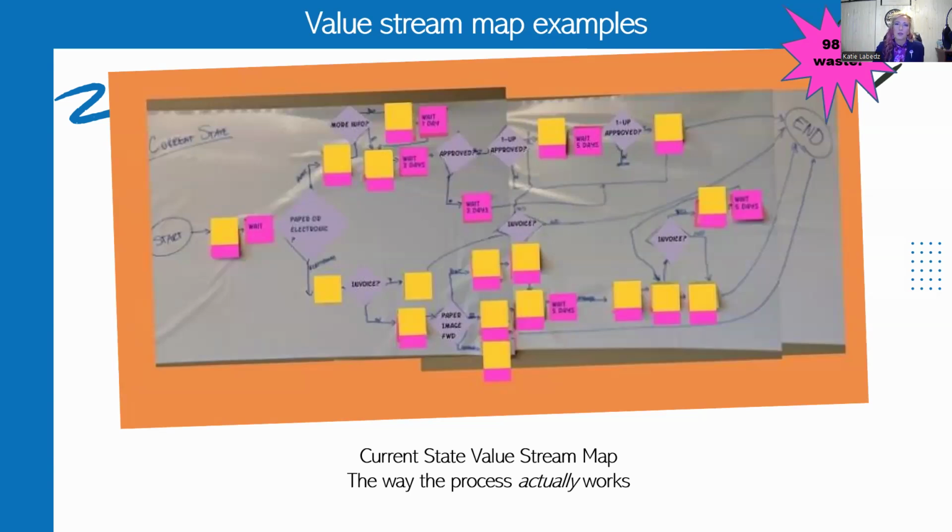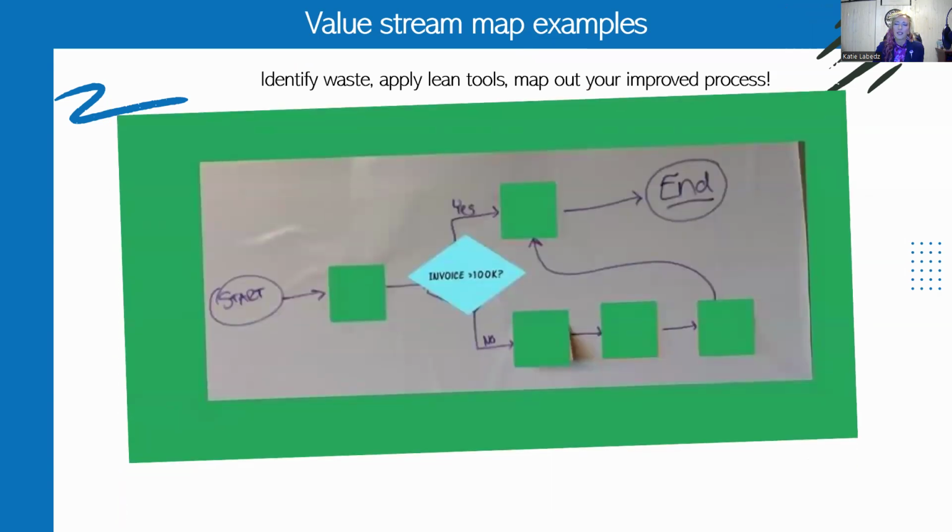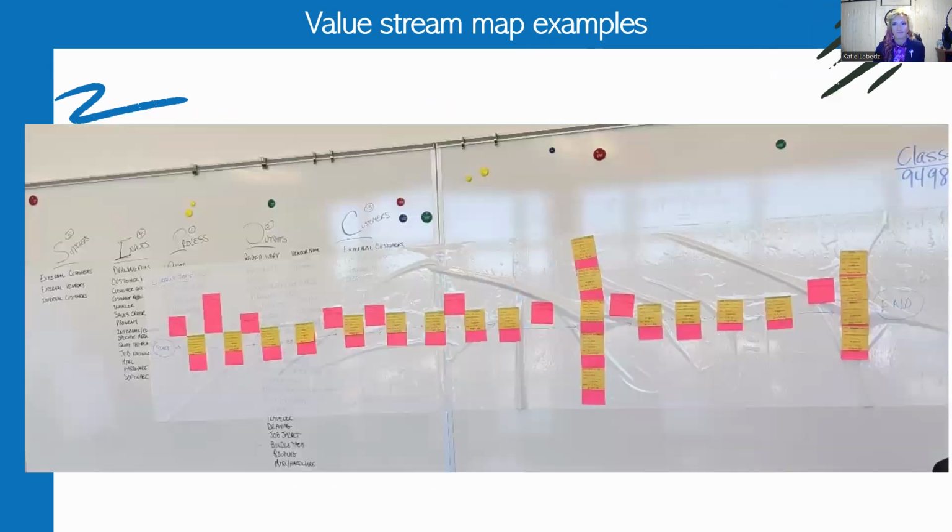So this team brainstormed how we could improve this process, and we drew this future state map. Five steps and one decision, and that's the way it is today. We implemented lean tools, mapping, identifying waste, seeing where value is added or where we could add value, and improved the process drastically.